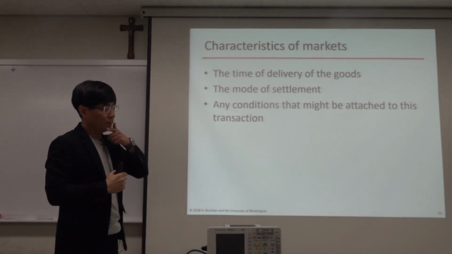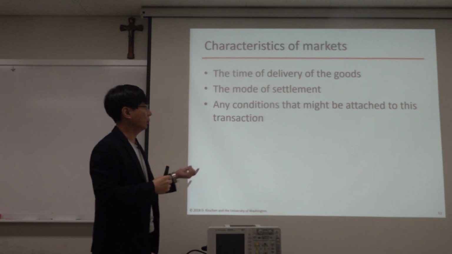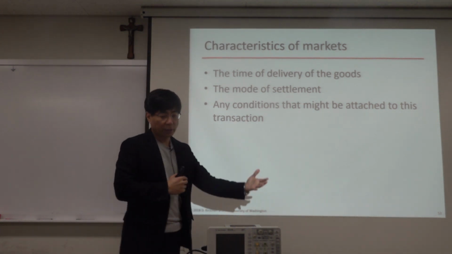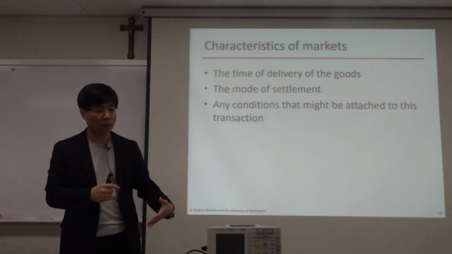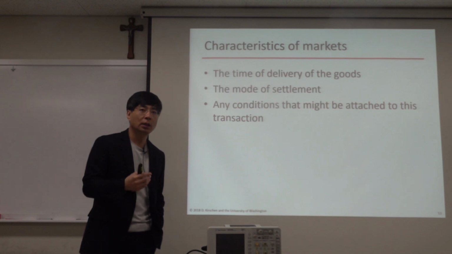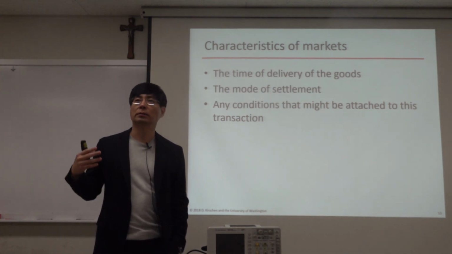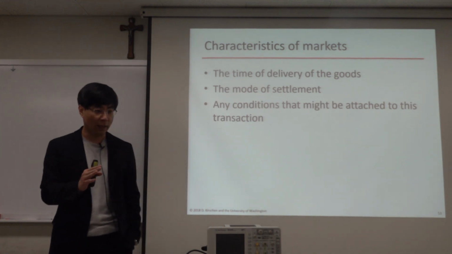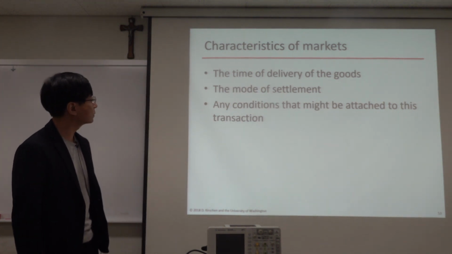And maybe some conditions can be attached to this transaction. So the transaction can be conditional or unconditional. Let's talk about the unconditional transaction. That means when the contract is made, that transaction must happen. Okay, that is the meaning of unconditional.